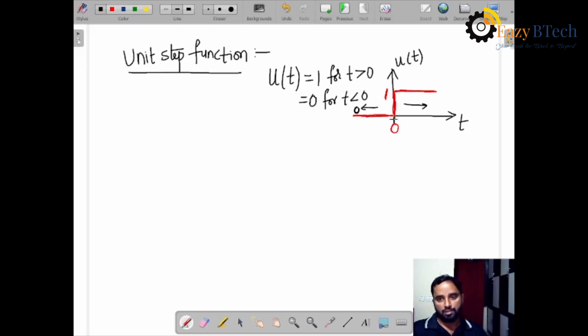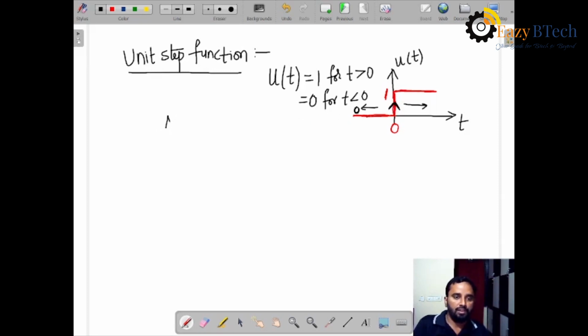At t equal to 0, what is the situation? See the arrow. At t equal to 0, what is happening? It is suddenly changing, in no time, from 0 to 1. That sudden change is called discontinuity.